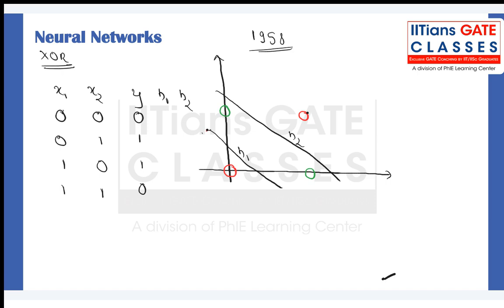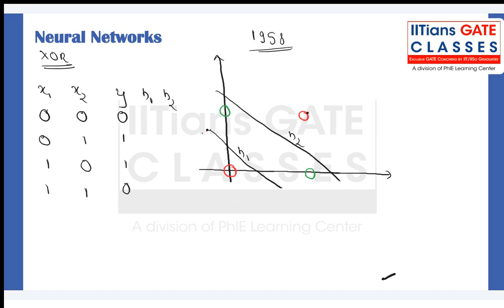And if you have understood the previous slide, then my h1 is nothing but the OR gate, which means this will be 0, 1, 1, 1. And H2 is nothing but an AND gate.